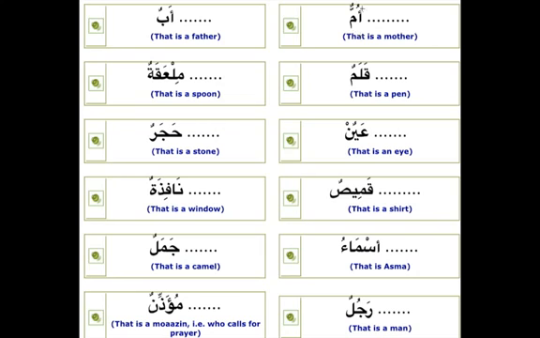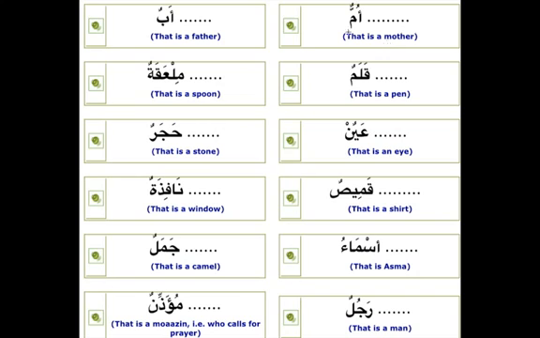I want you to look at the khabar and bring a demonstrative pronoun as a mubtada. We know that the khabar and mubtada have to match each other. So we have here ummun, and in the blue writing in English it gives us the meaning: that is a mother.